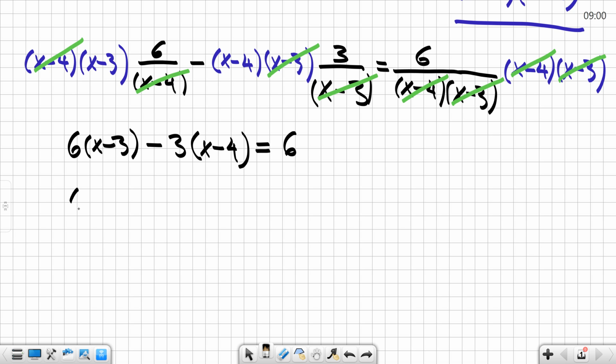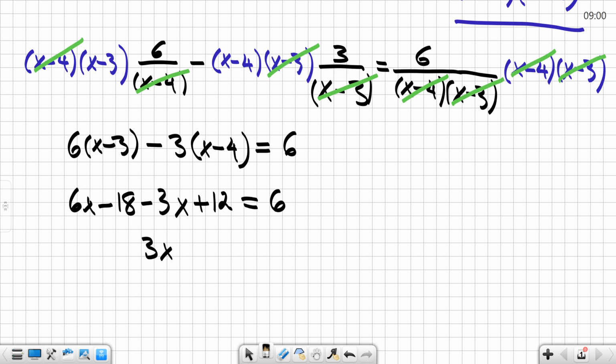6 times x, 6 times negative 3 is a negative 18. Negative 3 times x is a negative 3x. Negative 3 times negative 4 will give us a positive 12. Now I'm combining like terms. That means 6x minus 3x will give us 3x.